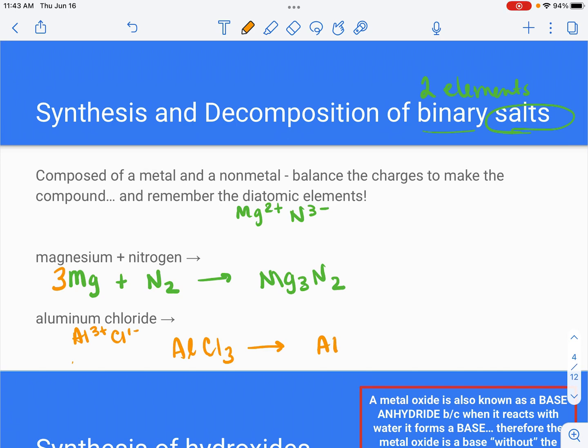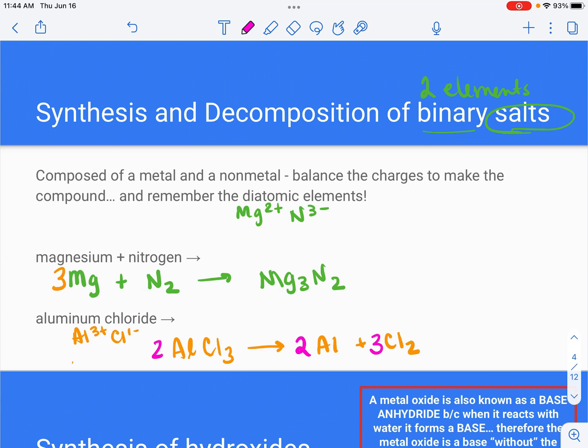It's going to decompose into aluminum, which is not diatomic, and chlorine, which is diatomic. And so now I need to worry about coefficients. So I need 2 there to get 6 chlorine and 3 there to get 6 chlorine, and then 2 there to get 2 aluminum. So these are the simple ones, all right? So you'll get some practice with this.